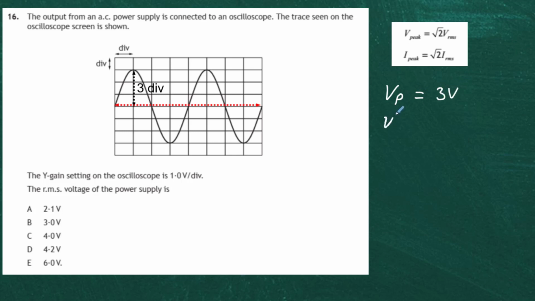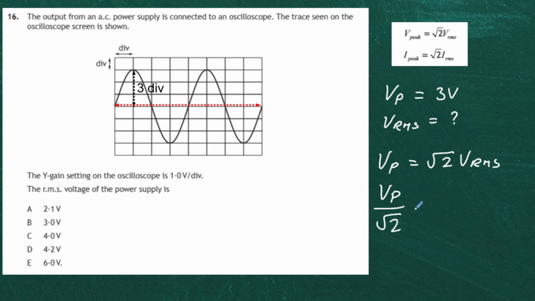And we're going to be after V RMS, the root mean squared value, which is a kind of average. So we select the equation V peak equals the square root of 2 times V RMS. And then if we take the peak voltage and divide it by the square root of 2, we'll get this V RMS voltage.